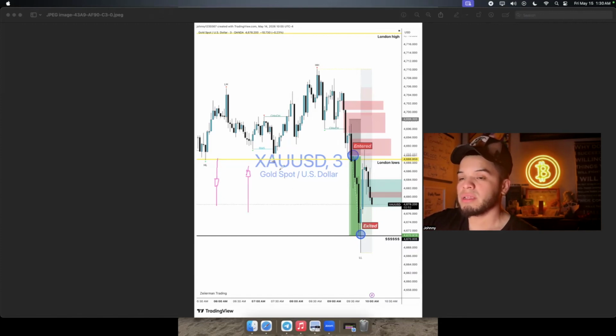Or are we printing a huge body, like so, with little to no wick? For you specifically watching this video, whenever we're printing these types of candles, you want to identify that we are at the key areas. You want to make sure that we're specifically at our London low or our London high, or if you want to refer to it as your support and resistance, that's another great term.